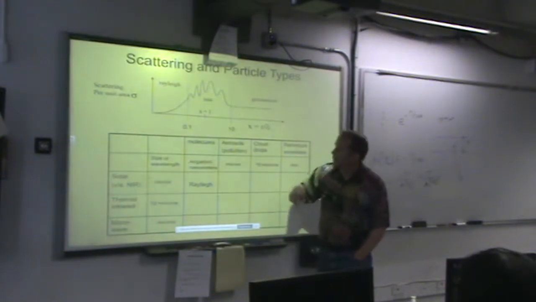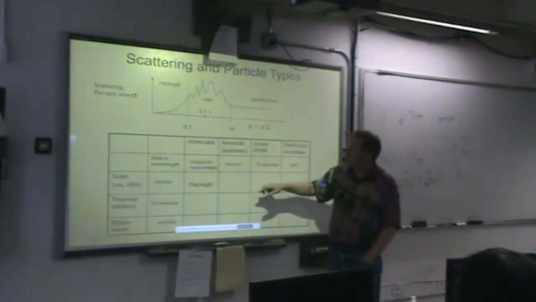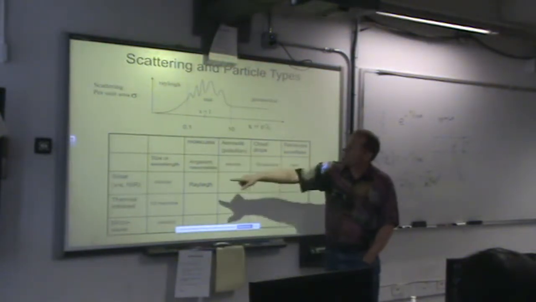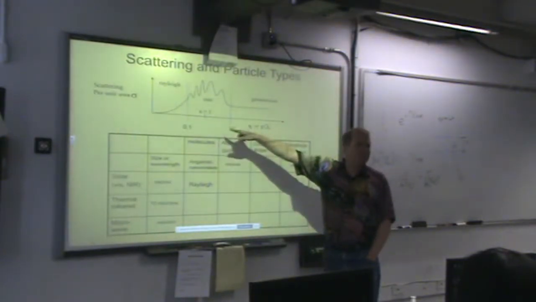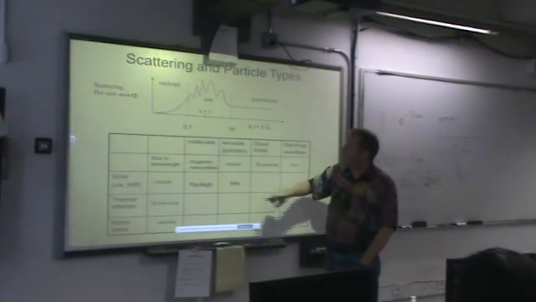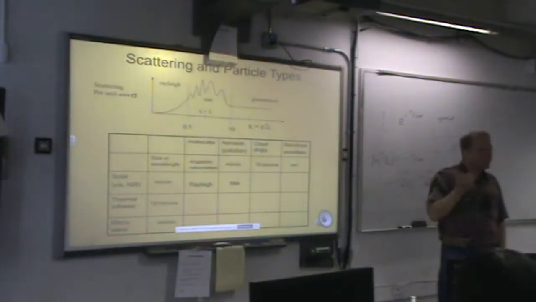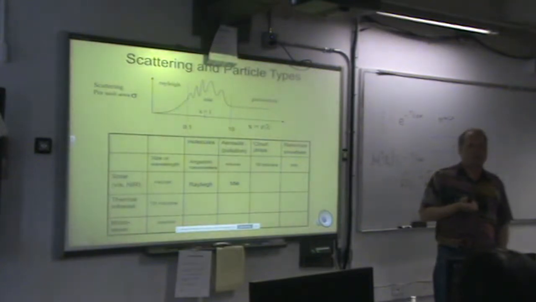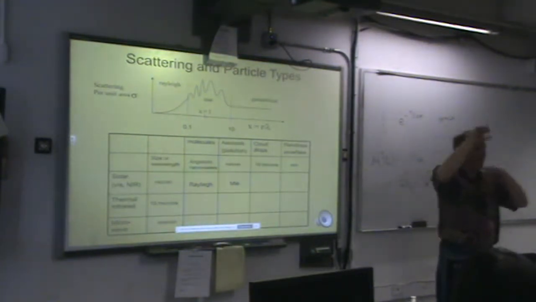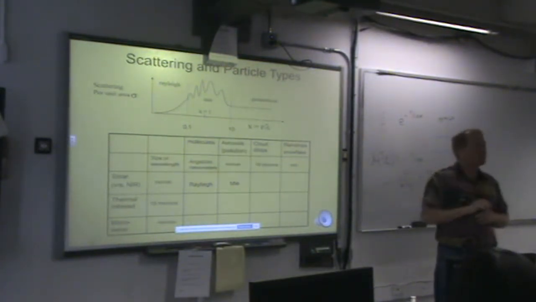Okay, aerosols. I think we're going this way. So we have micron versus micron. We're in the Mie regime. So if you're working with aerosols, you actually have some rather complicated optics to work with because they scatter in all directions and it's a little unpredictable.